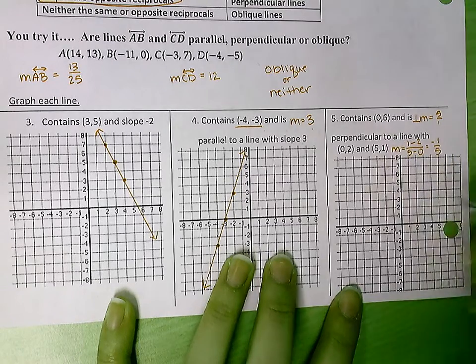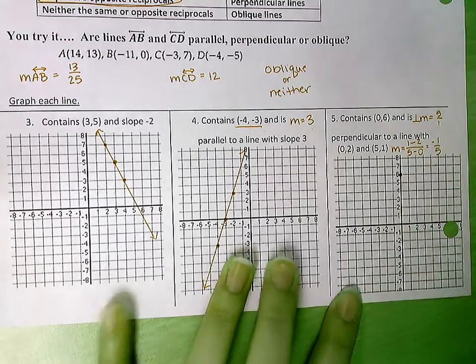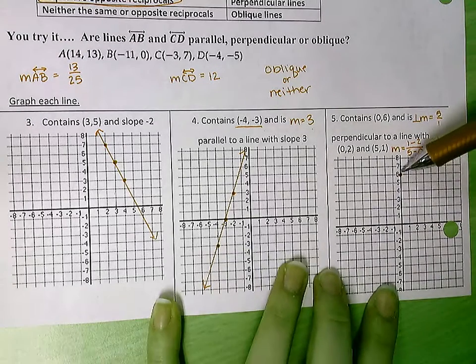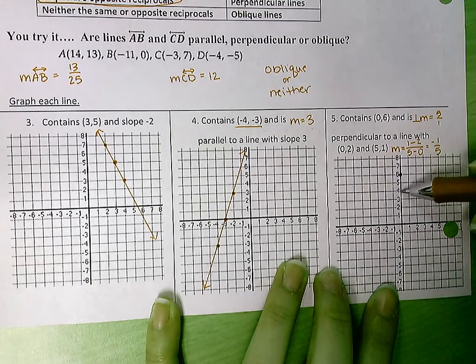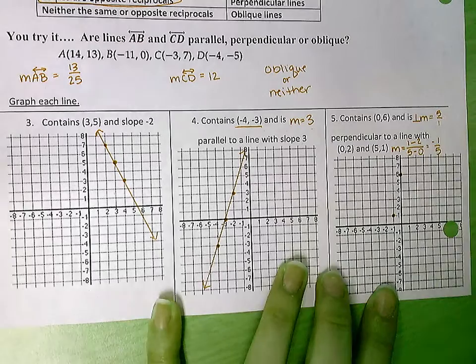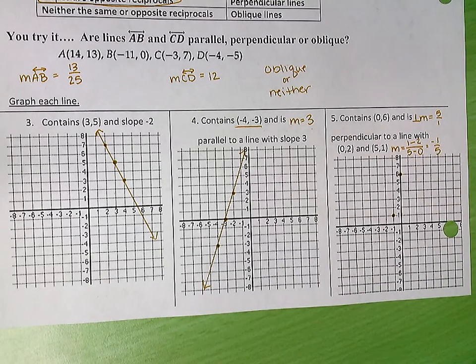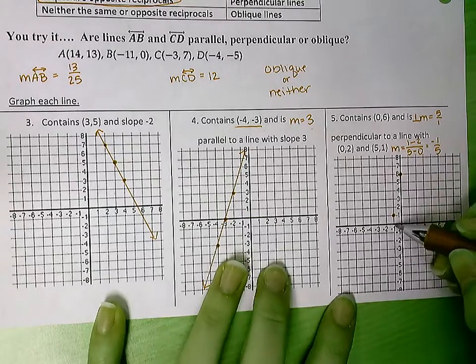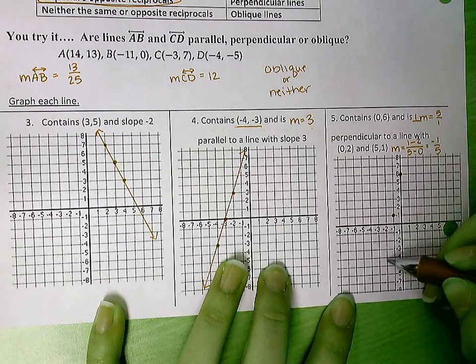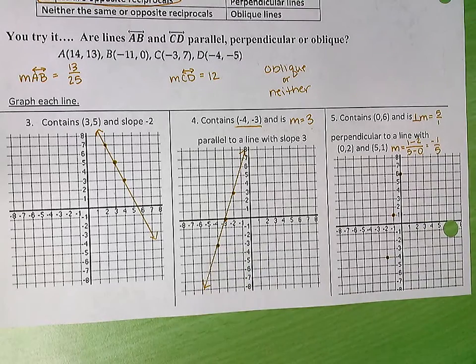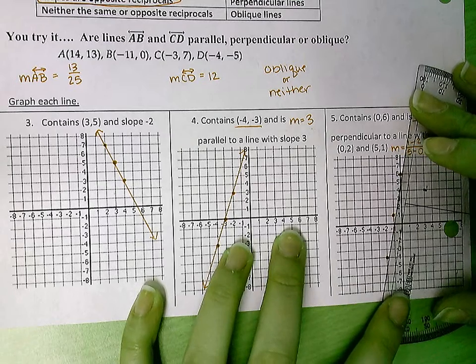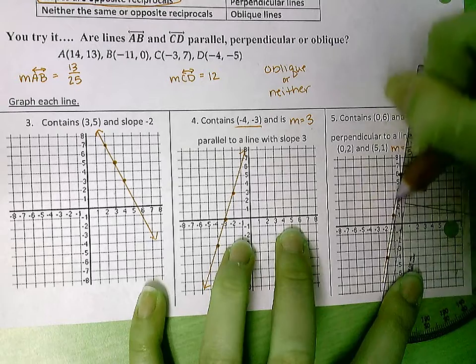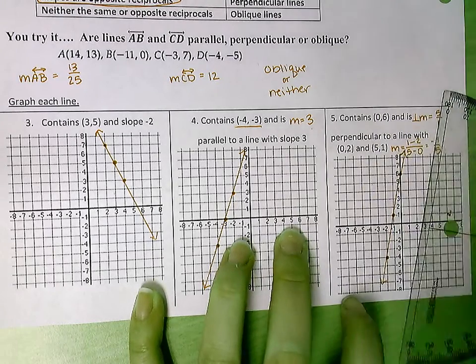So now I can plot my point 0, 6. Okay, now since if I went up 5 and right 1, it would go off my graph, I can go down 5 and left 1. Okay, and that would still be a positive slope because you have a negative over a negative. Again, I can go down 5 and left 1. And then connect my points and draw my line.